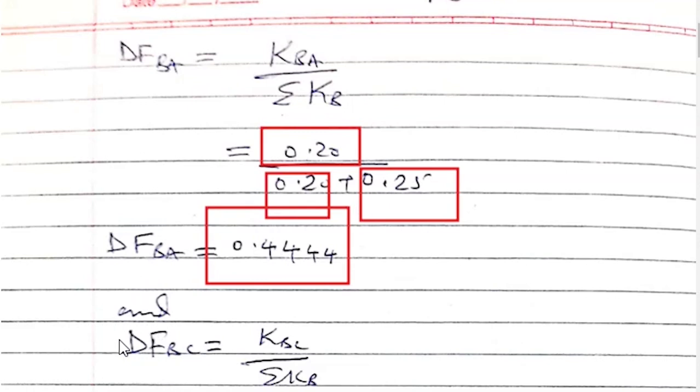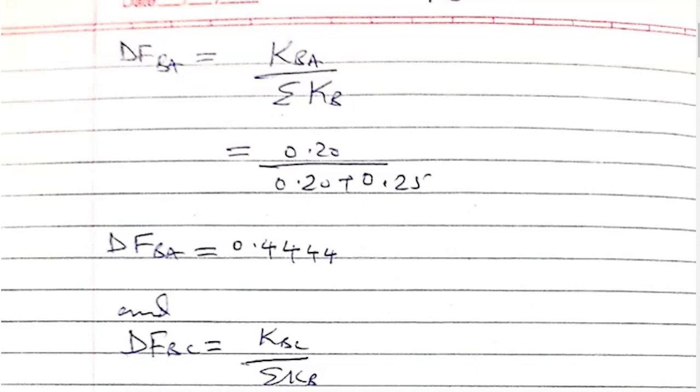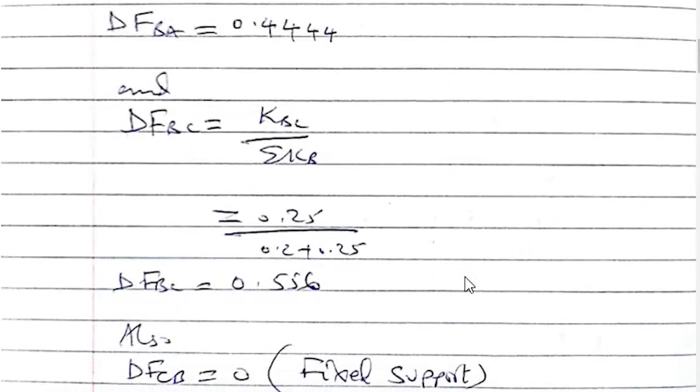The same applies as you find for the right hand side, meaning the beam from support B to C. The distribution factor should be the ratio of KBC over the summation of K at support B. We repeat the same procedure as above for the right hand side.